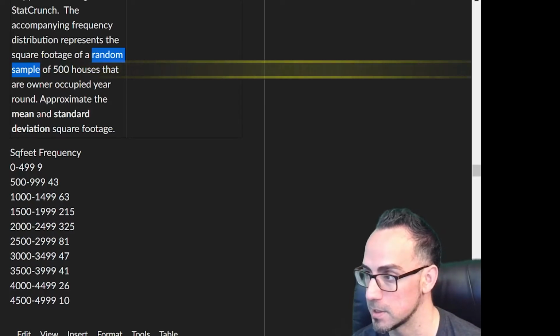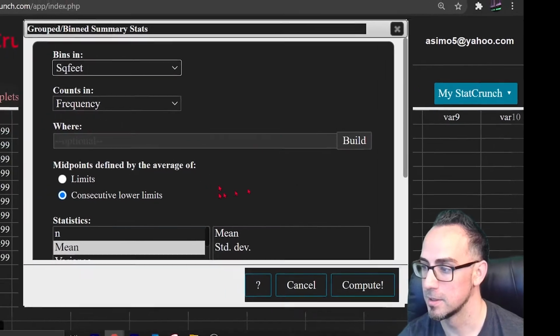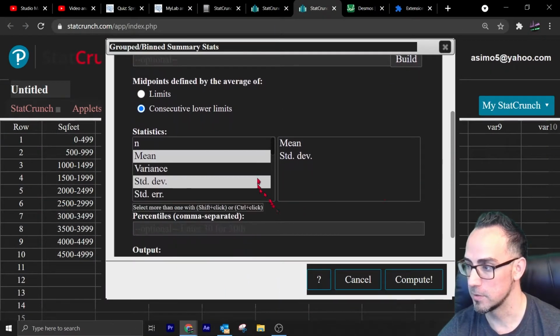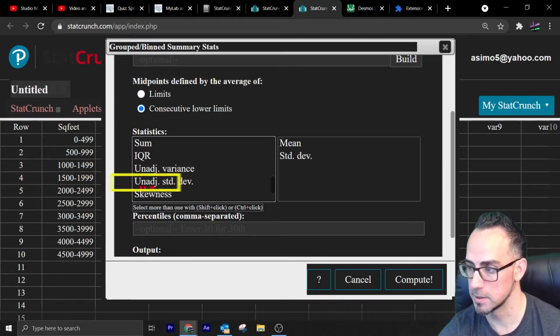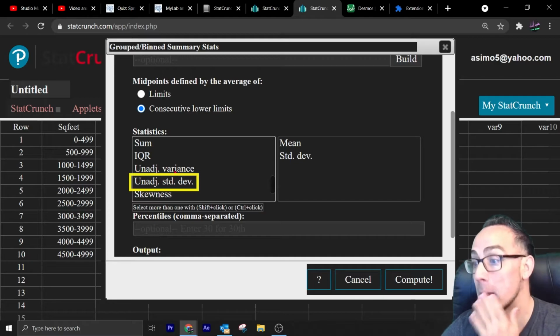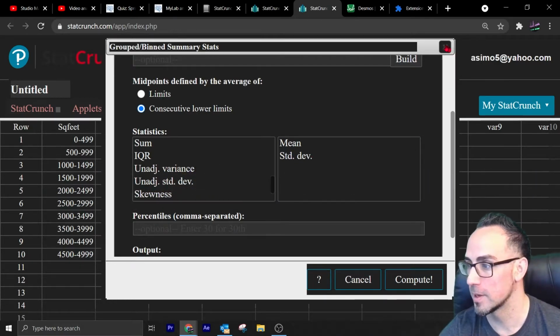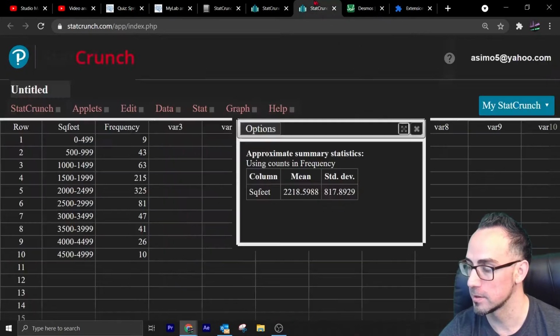If it said population, I would have had to get the unadjusted, right? If I scroll down here, this is the population standard deviation. We call it sigma. So keep that in mind. Okay, anyway. So that's the mean and standard deviation, right? Those two. This is correct.